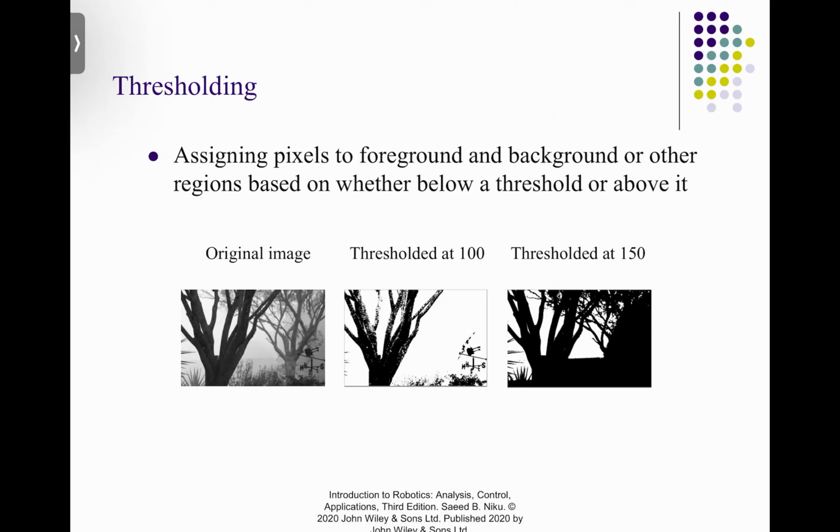For example, you have the image on the left hand side. If your threshold is at 100, then I want you to understand this region here is gone. It's completely white. But if you change the threshold to 150, then the image here is termed as the dark or the black image.